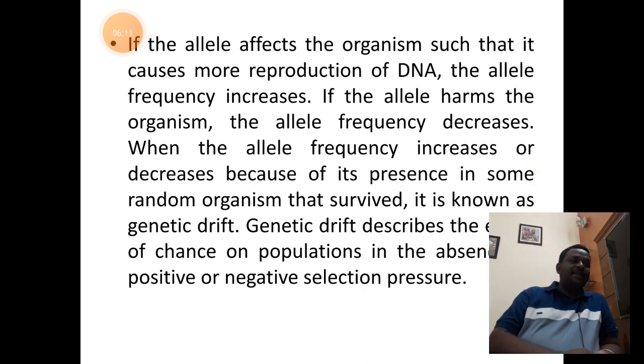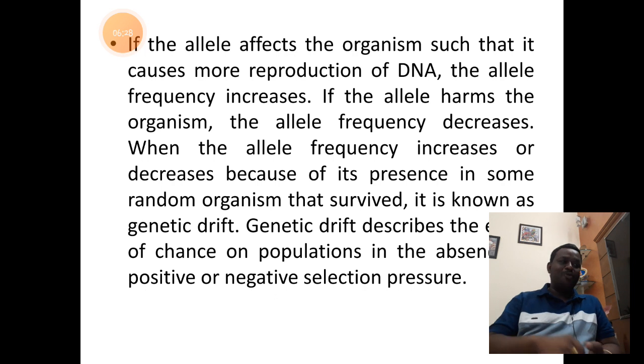The new allele, if it causes more reproduction of DNA, obviously that new allele increases in its number and the frequency of that new allele is also more, or vice versa. If it is beneficial to an organism, let us call it positive selection pressure.